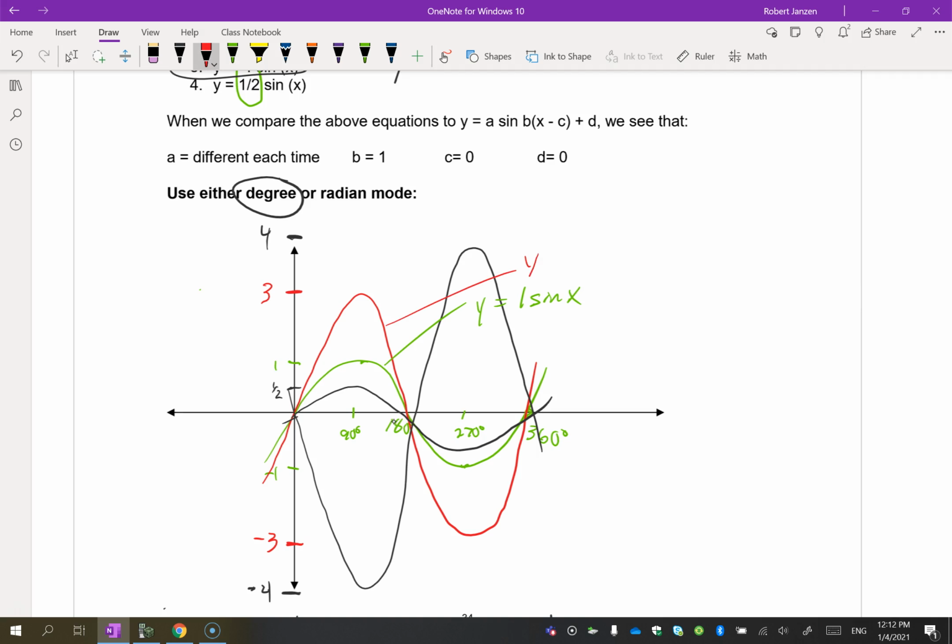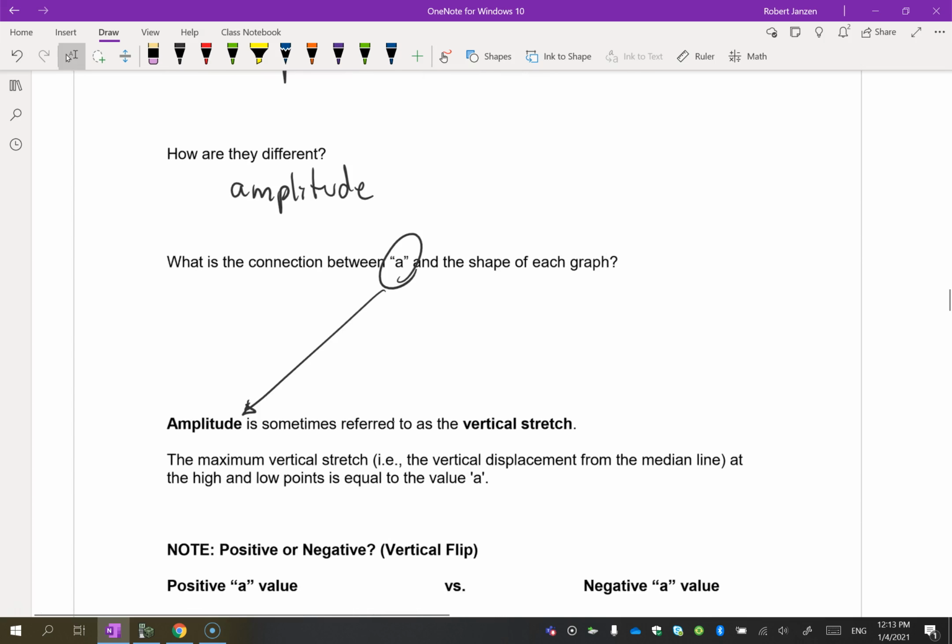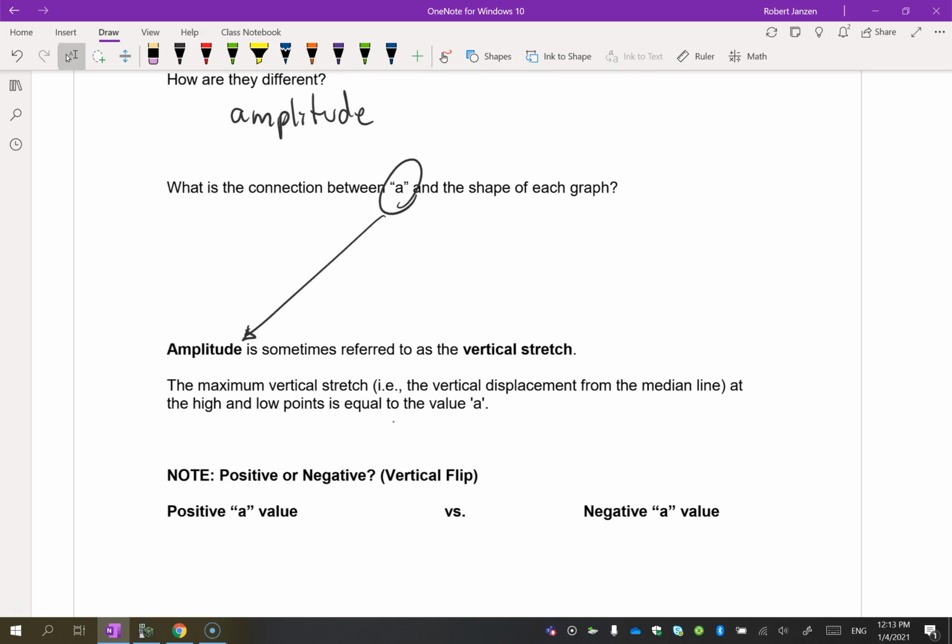In y equals 3 sine of x, the amplitude is 3. The one where it says negative 4, the amplitude is 4, not negative 4, positive 4. So the amplitude is just the value of A.